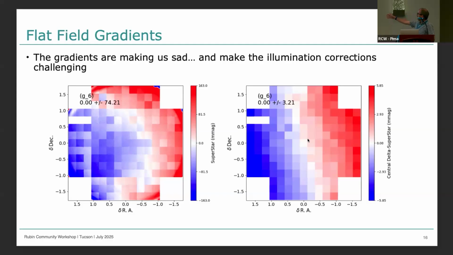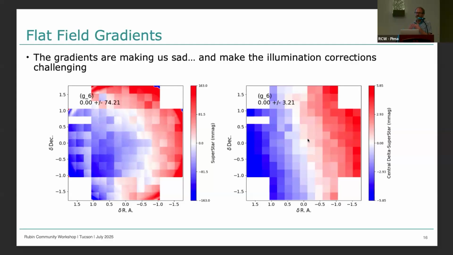Actually, what we have right here is not what I meant to put on here, but forget the right panel. This got miscopied. The left panel is the illumination correction as derived from FGCM.